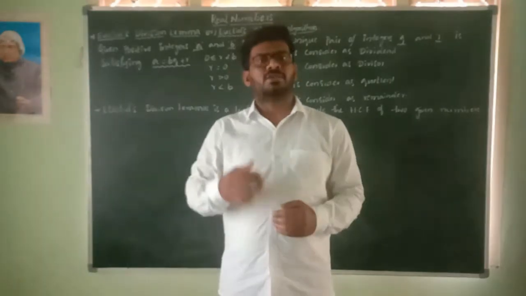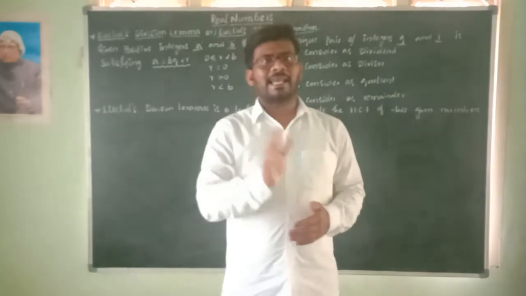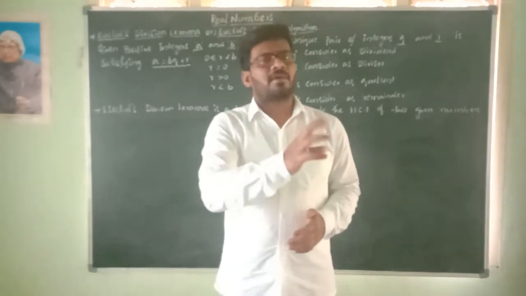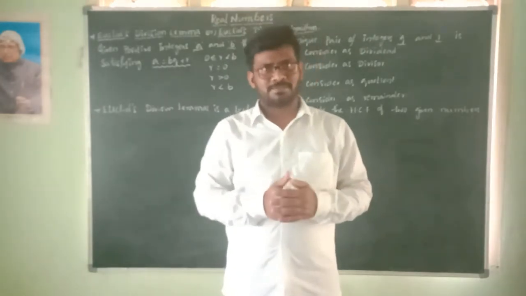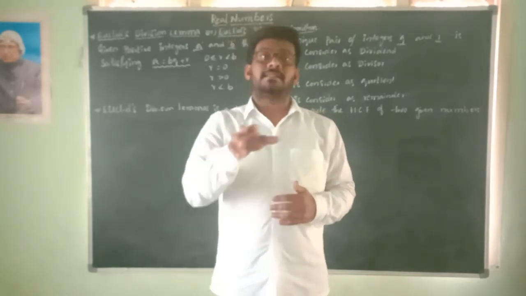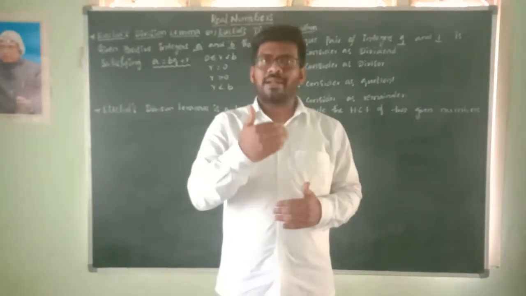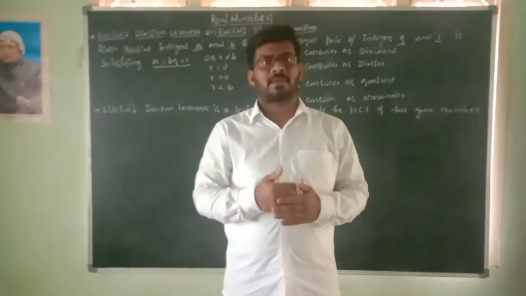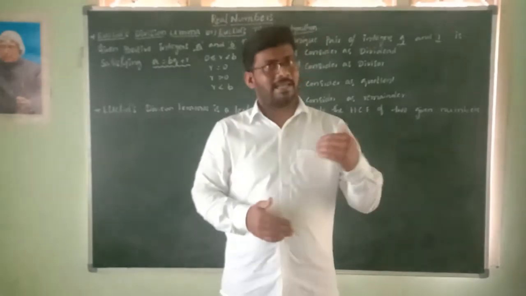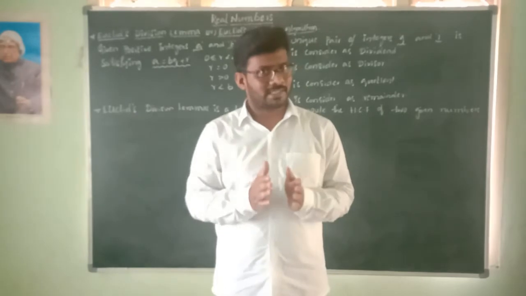You are given two positive integers, namely a and b. There exists a unique pair of integers q and r satisfying the condition a is equal to bq plus r, where r is equal to 0 or r is greater than 0 and less than b. Understood, children?